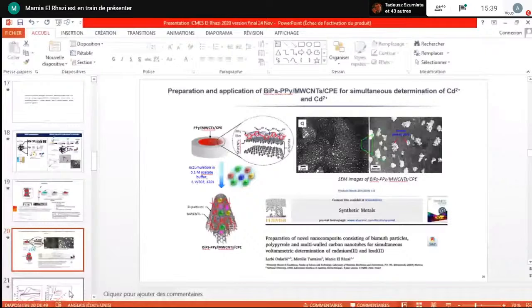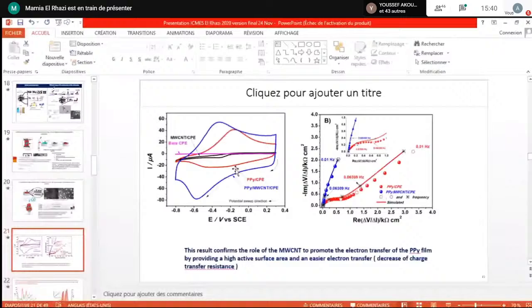So after preparation of the electrode, here I present the cyclic voltammetry obtained on different electrodes. Here it's the bare electrode, it's carbon-based electrode, and the polymerization of polypyrrole on carbon-based electrode. And in blue, it's the polymerization of polypyrrole on multi-walled carbon nanotube.